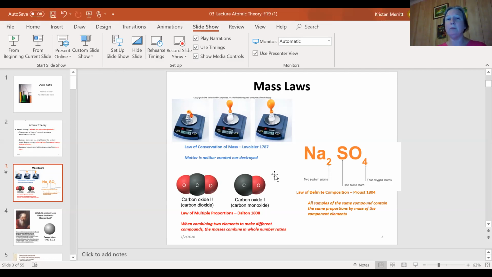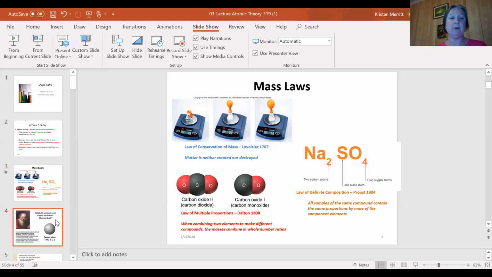Okay, I have one part of this gas and one part of this gas were used to make this new gas. By this law, I know that each molecule is one atom of oxygen, one atom of carbon, or 2 and 2, but it's whole numbers.